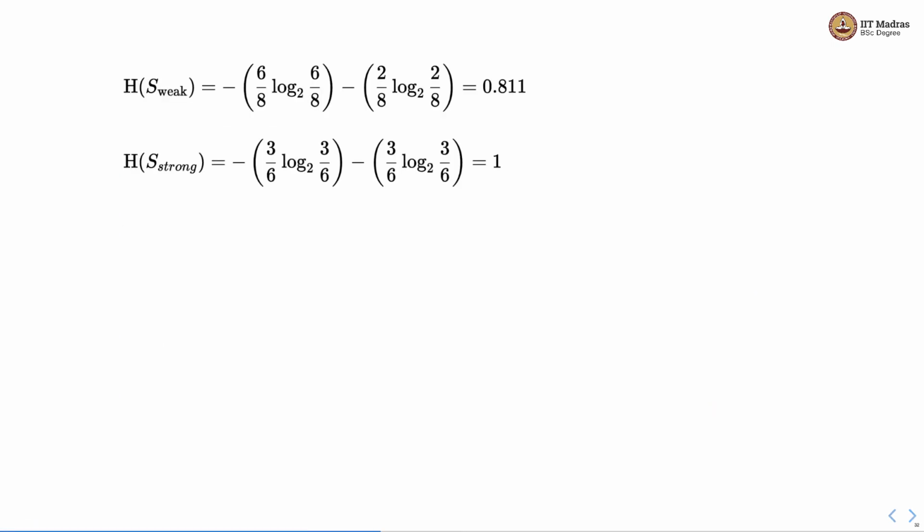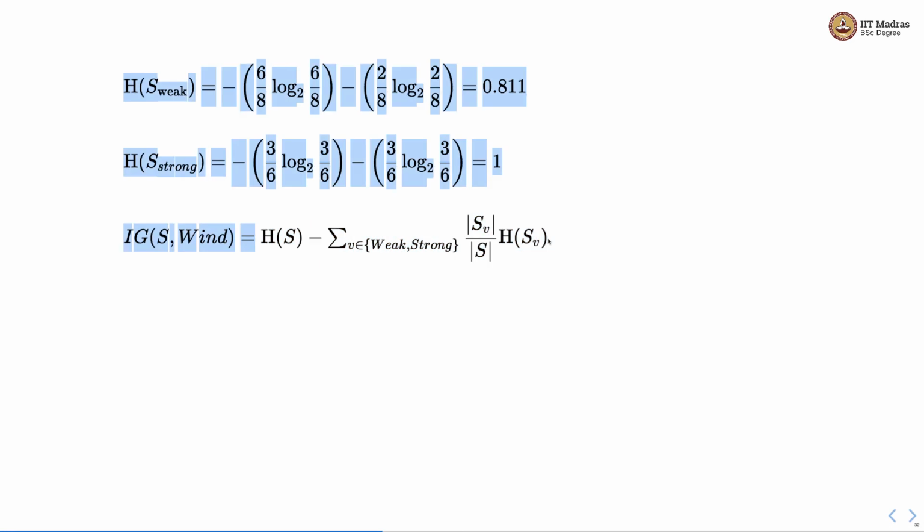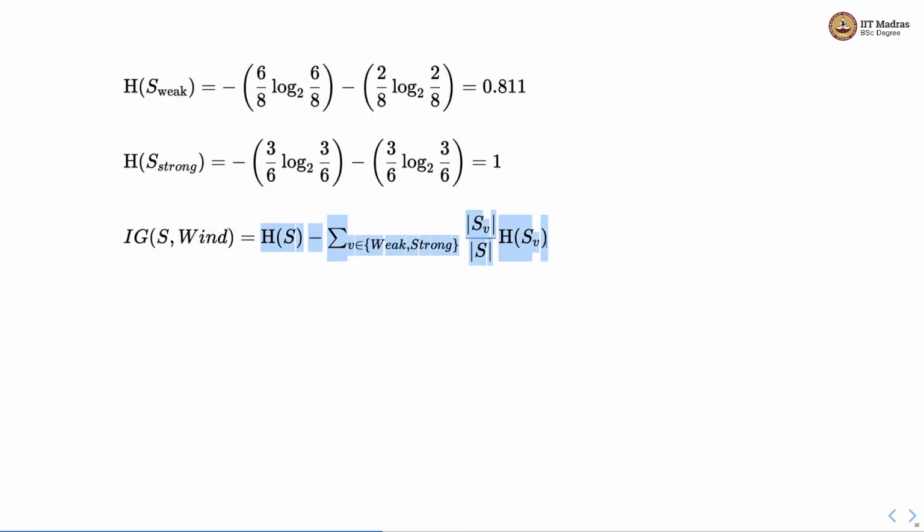We calculated those entropies for S weak and S strong, and we used these values to calculate the information gain for the attribute wind. The information gain is calculated according to the formula listed here.